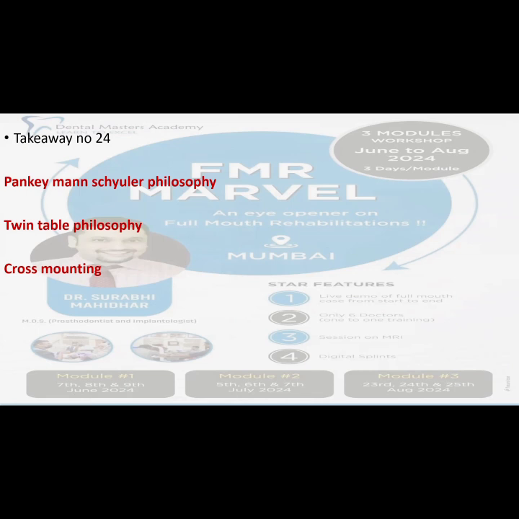Then we submit the maxillary tooth prep cast and mandibular tooth prep cast with one record to the lab, so that you get the bisque trial of all the restorations together. It's not in a sequence, basically. You're cross-mounting it completely together. That is also not required at this stage. So kindly stick to Pscholer philosophy, which gives you predictable results marvelously well.